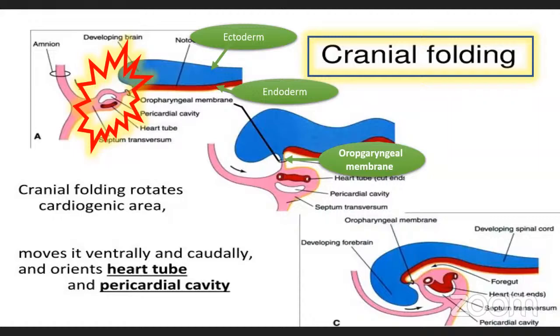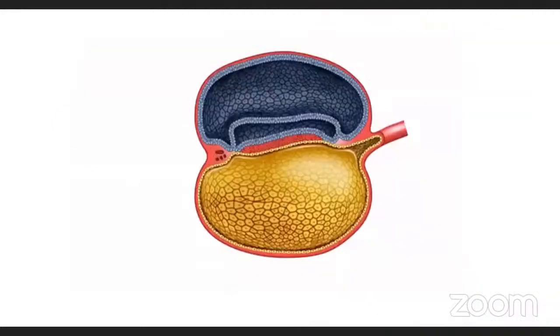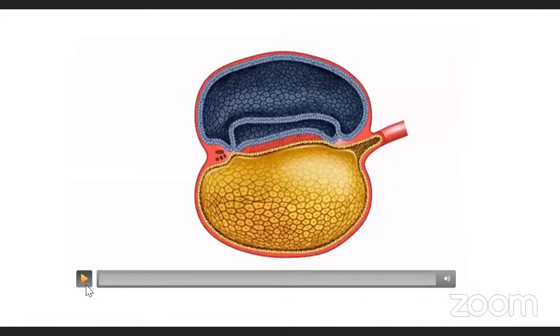Now, one more thing here: remember how the heart tube and the pericardial cavity fused, and the heart tube formed in the pericardial cavity. The same thing has to happen here, and this fold will pull the heart tube to sit in the pericardial cavity. Now if we take the heart tube from its cross-section view, we will take the same heart tube from the sagittal view. So this animation will make the picture more clear.